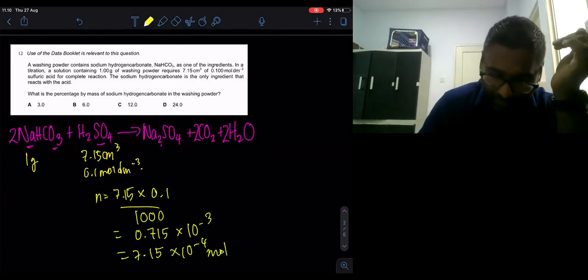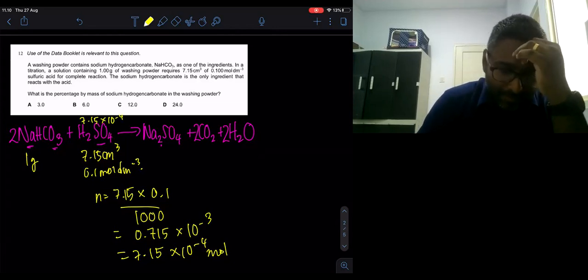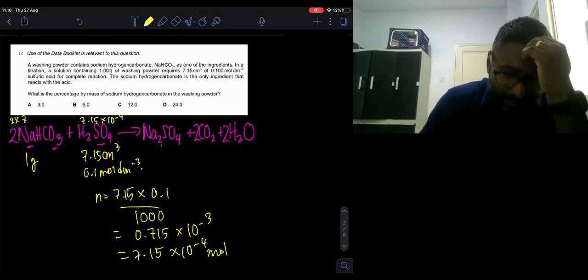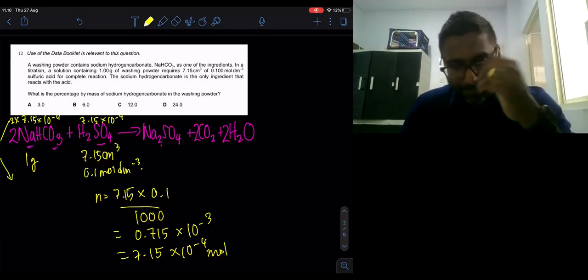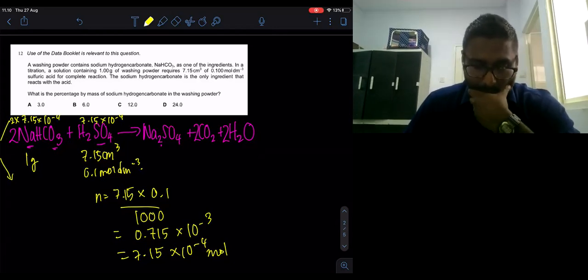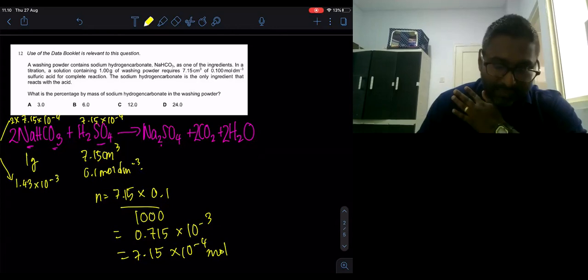If I have 7.15 times 10 negative 4 there, I am going to get 2 times 7.15 times 10 negative 4. What's the value? 1.43 times 10 power of negative 3. So this is number of moles.